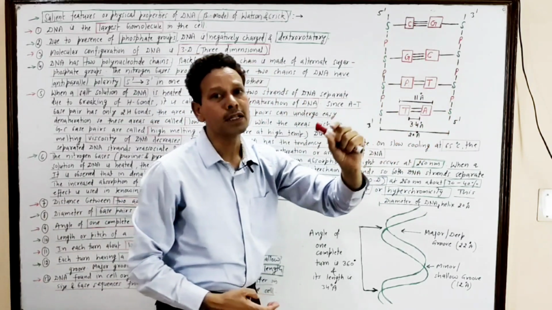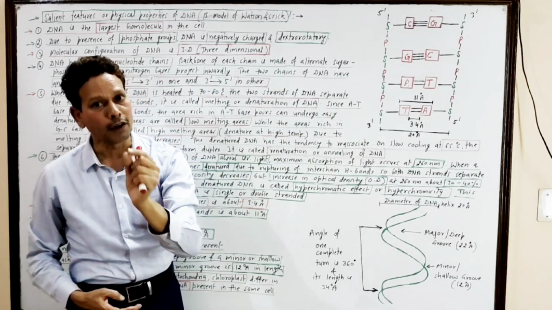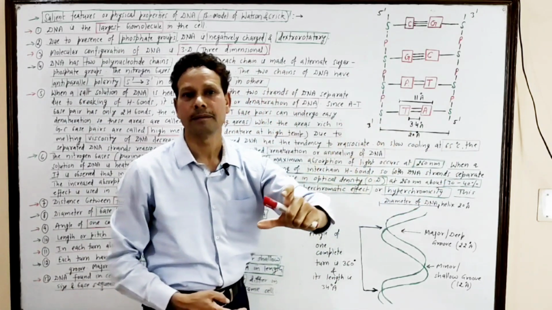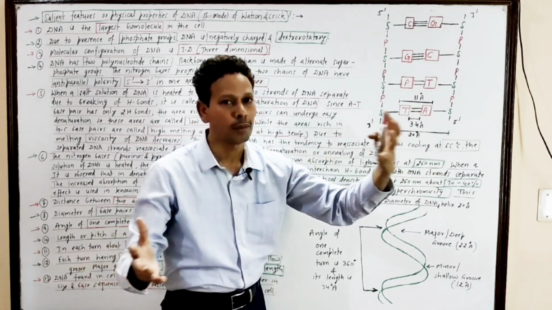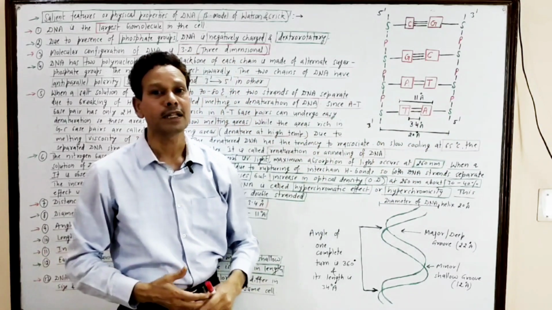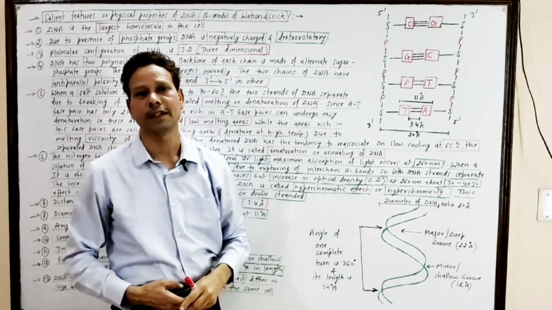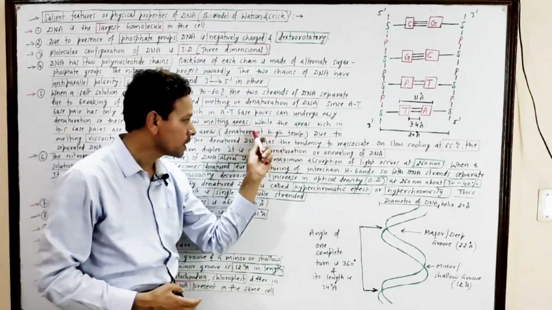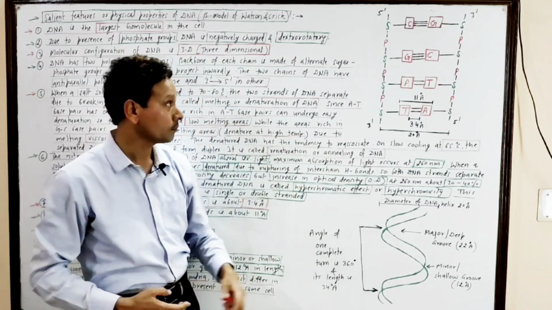That property is called denaturation or melting of DNA. On slow cooling at 65 degrees, both separated DNA strands start to reassociate. That process is called reannealing, or renaturation.